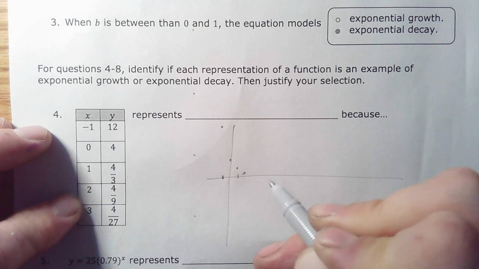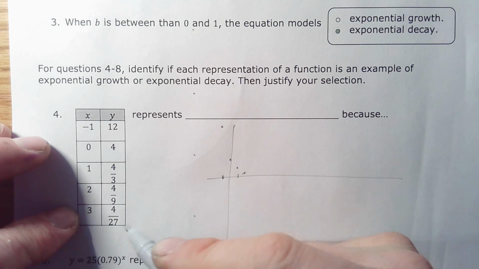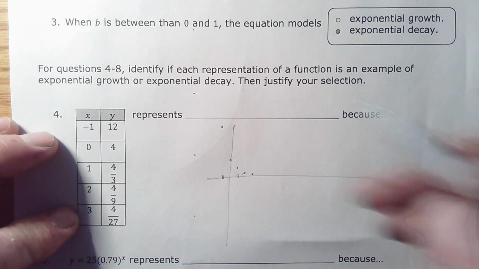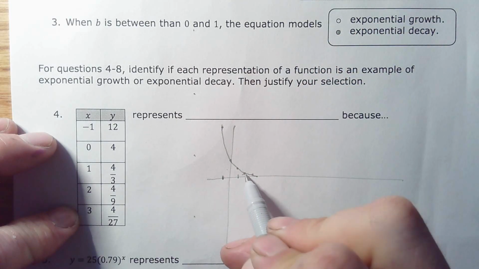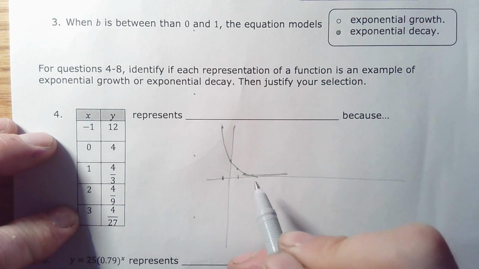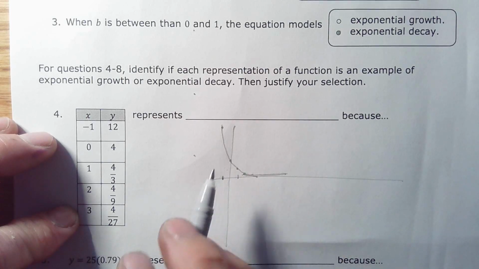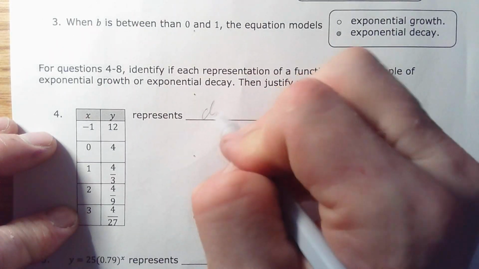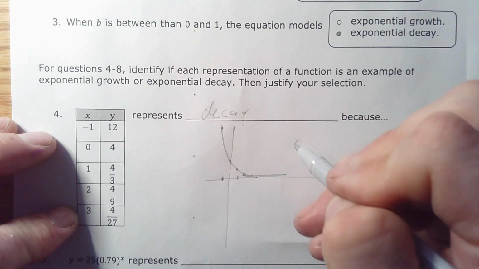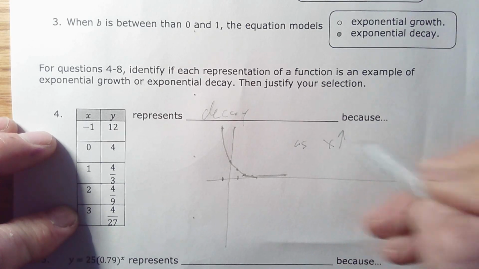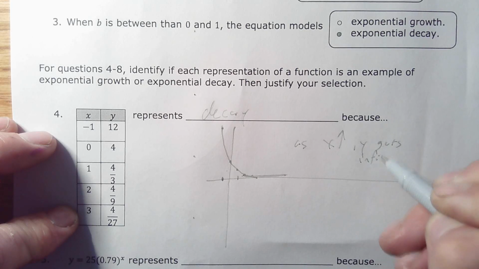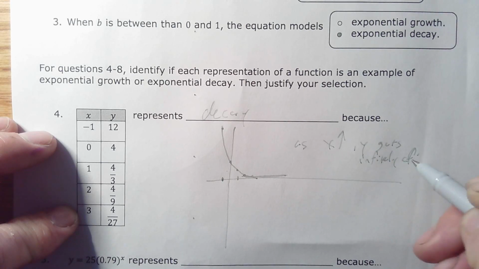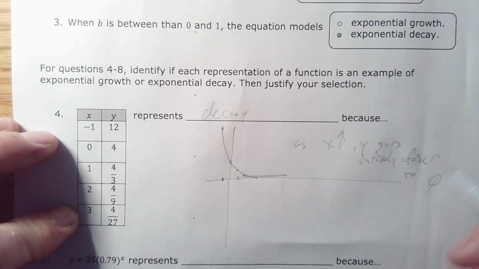At 3, it's even closer to 0. So this is getting closer and closer to 0 as x goes up. This is a decay, because as x goes up, y gets infinitely closer to 0.